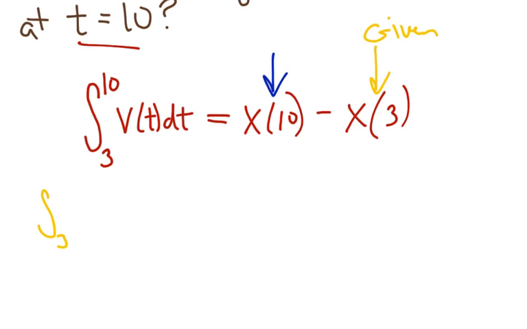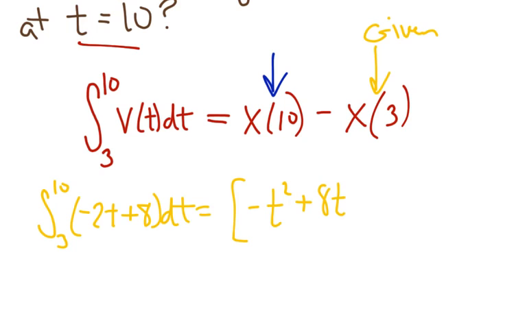So we're going to get the integral from 3 to 10 of negative 2t plus 8 dt, and we'll find an antiderivative of it, and we're going to get negative t squared plus 8t. We don't need a constant of integration because it's a definite integral.